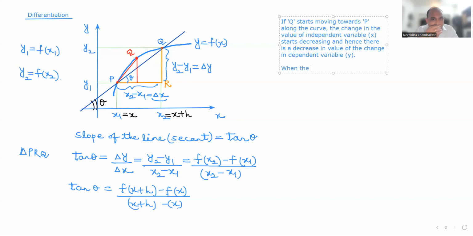When the change in the value of x becomes very, very small, the secant PQ almost becomes a tangent at P. Almost becomes a tangent at P. All of you agree to this or not?